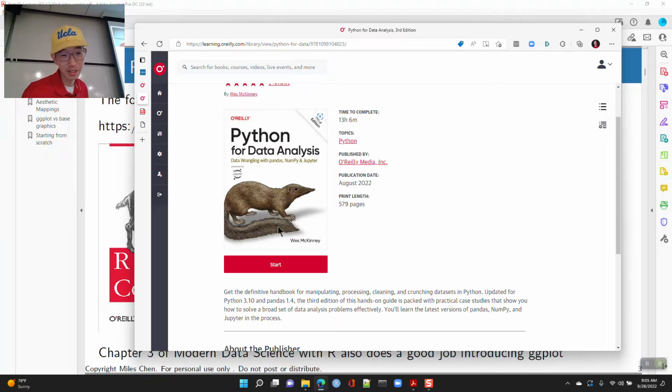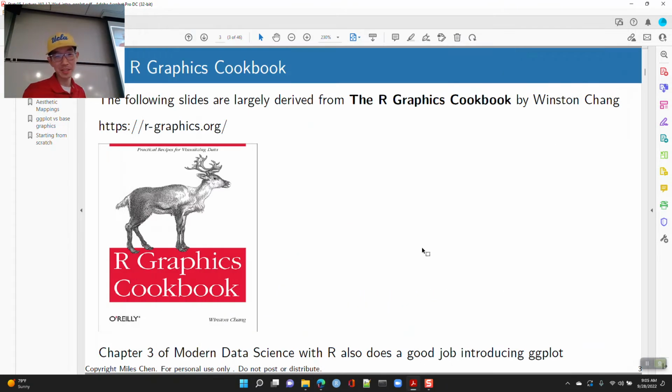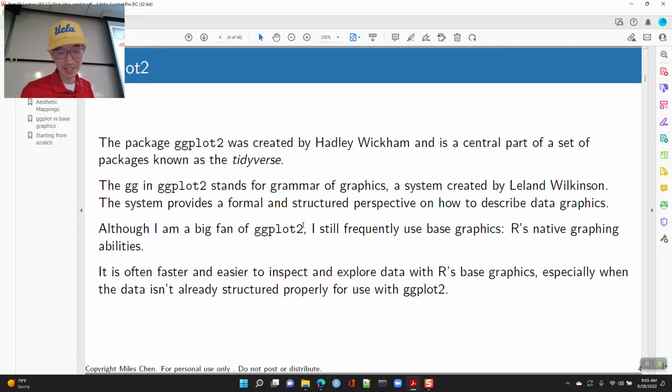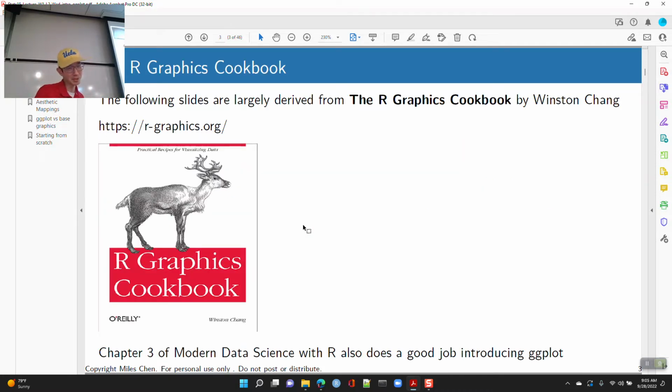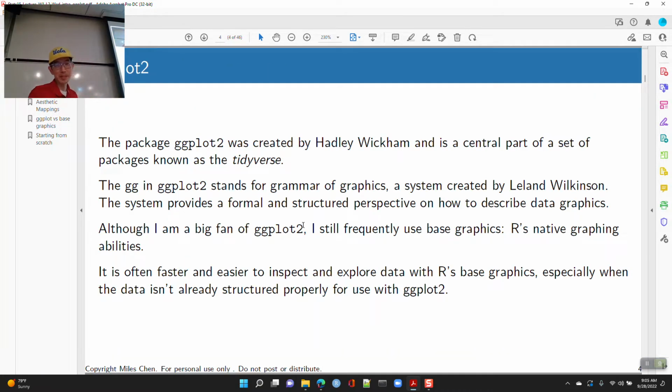This is not a python. I don't know what animal this is. And this is not a lizard. It looks like a moose, but it's too small. But anyway, we're going to talk Ggplot.